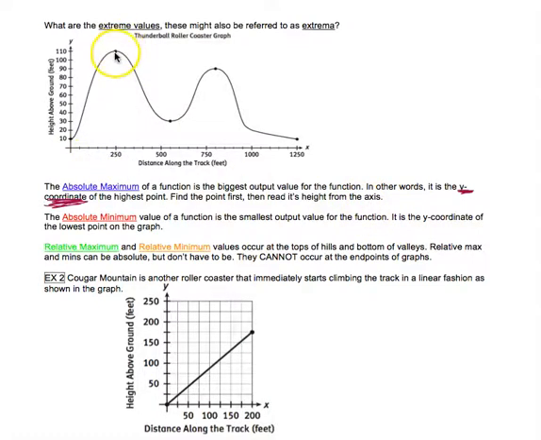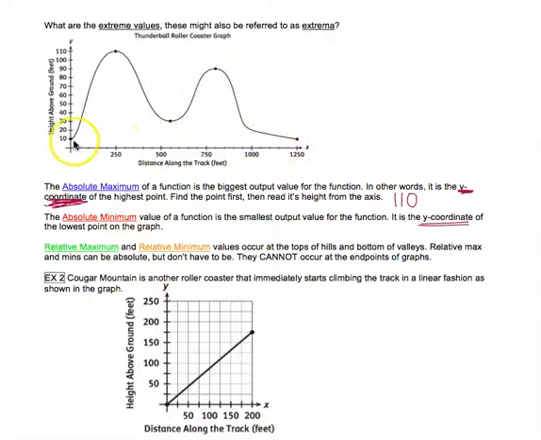So here on this particular graph, here's the highest point. I go over, that's 110. So that is my absolute maximum. The absolute minimum is the smallest output. So again, still y coordinate of the lowest point on the graph.